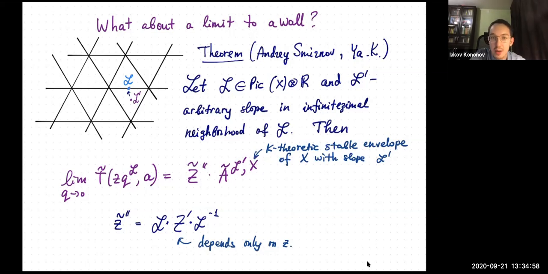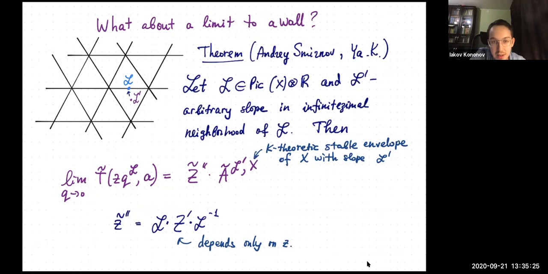We know what happens when we take a limit to L prime. We get K-theoretic stable envelopes. And we proved that if we consider the limit now to L, to a wall, then we get a product of two matrices. One of them is the matrix corresponding to L prime, and the other depends significantly only on Z.